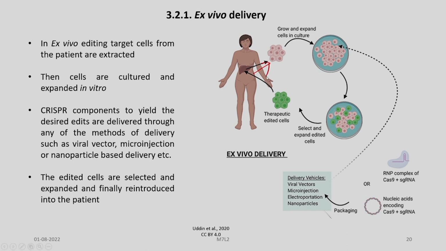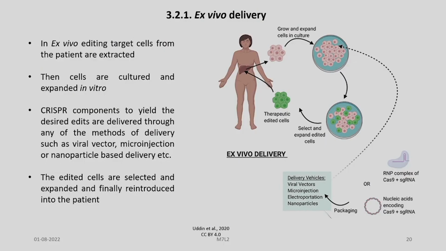We take out the cells from the patient in whom we are going to carry out the genome editing, whether for gene therapy or for other cases. These cells are cultured and multiplied or expanded in vitro.